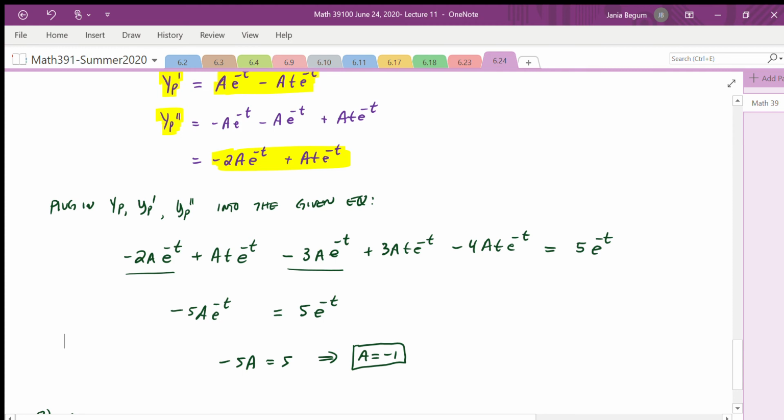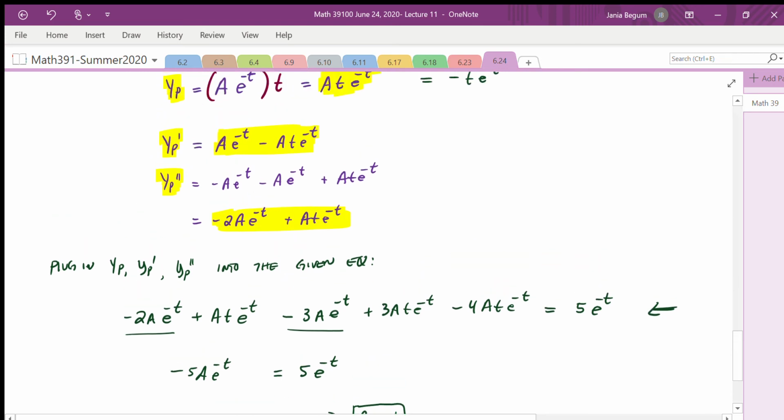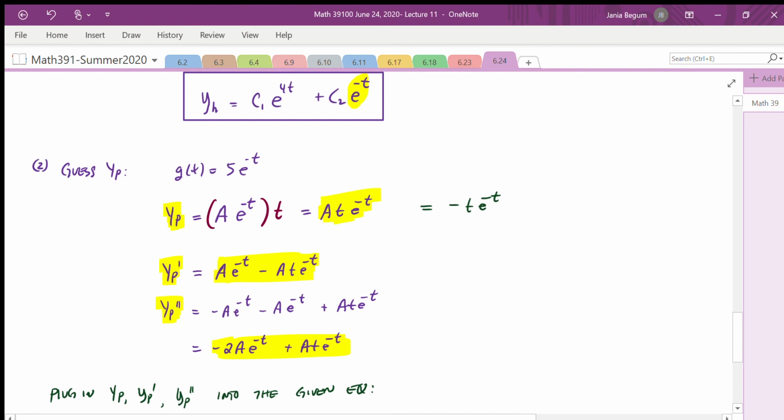So that was the step right here. We saw how some terms cancel out, and then we're able to equate the coefficients on both sides. That's why the function that you guess has to match the form of your g of t. So we said, okay, it's going to be some constant a times e to the negative t, because e to the negative t is involved in our g of t.